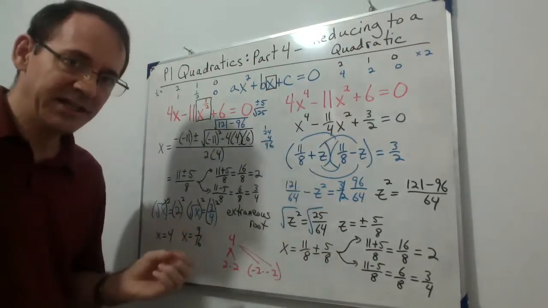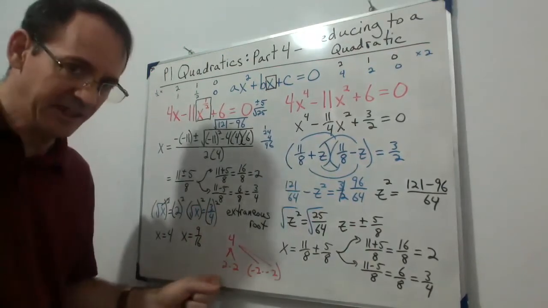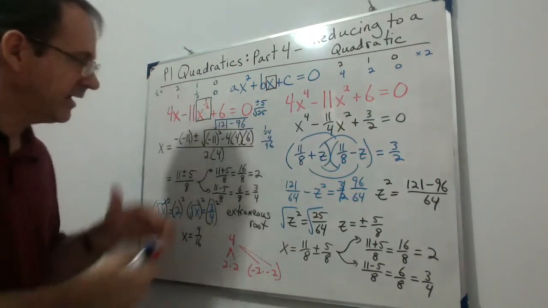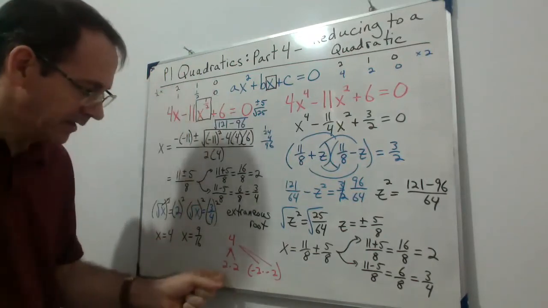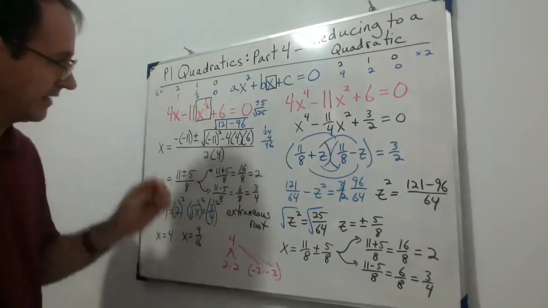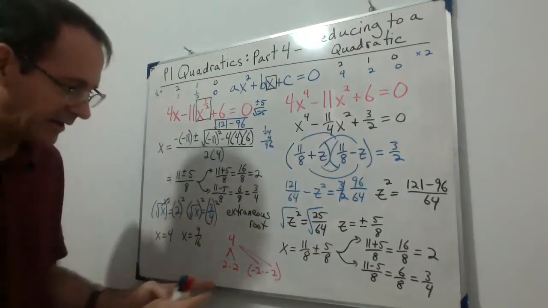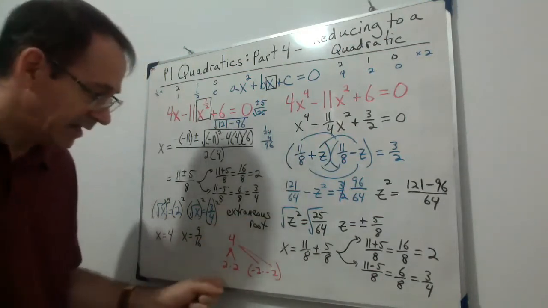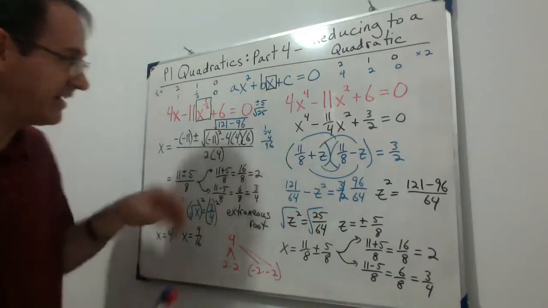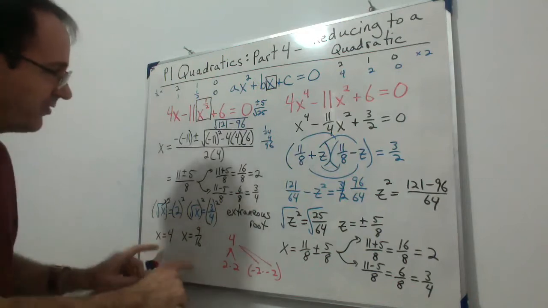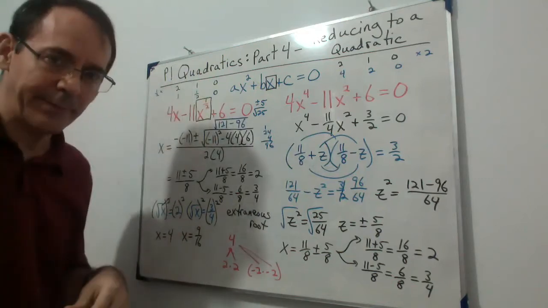The question is, which one of these sets actually came from the problem? If it came from the problem, then this is a correct answer. But if this 4 came from what's called the extraneous root, meaning there's another way of getting it that's not from the problem, then your answer won't work when you plug it back in.